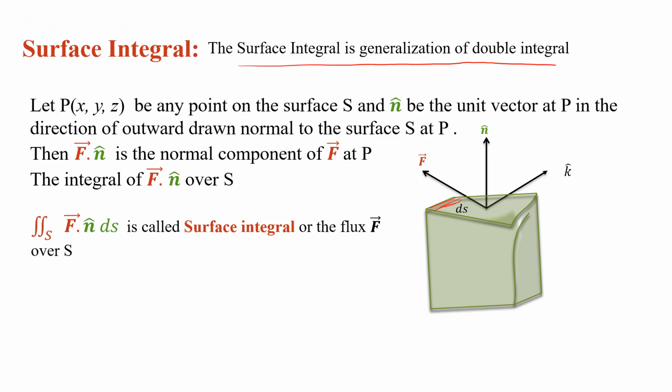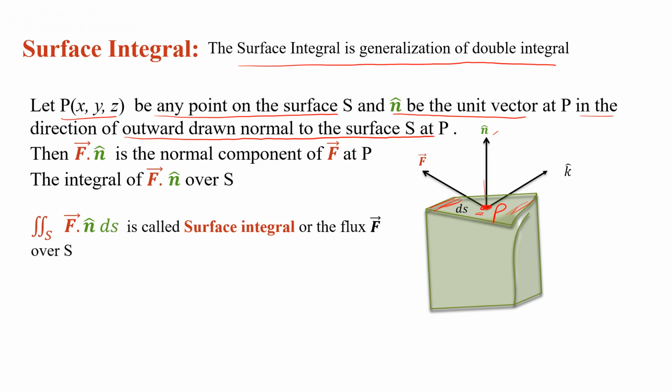Suppose this is a surface, and we have taken any point P on the surface. At that point P, there is a unit vector n cap, in the outward direction normal to the surface S at P. So this is surface S and this is the perpendicular direction, the unit normal vector.